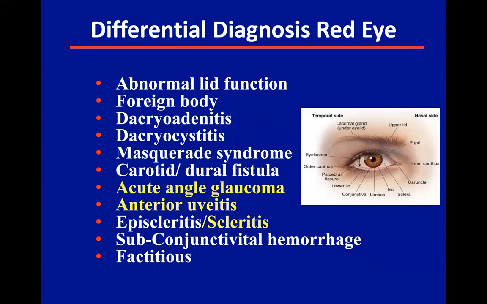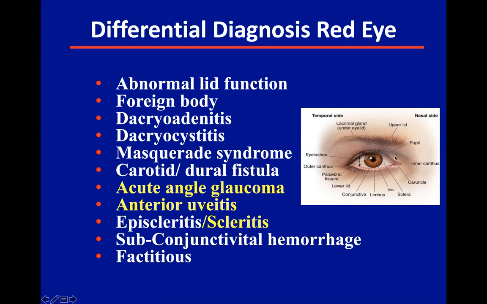Anterior uveitis, we'll be covering that. You don't have to worry about it in your fifth year. Episcleritis and scleritis, and then of course subconjunctival hemorrhage, and then any infectious causes. The reason I've highlighted these three with yellow is that these you have to refer to the ophthalmologist on the same day.